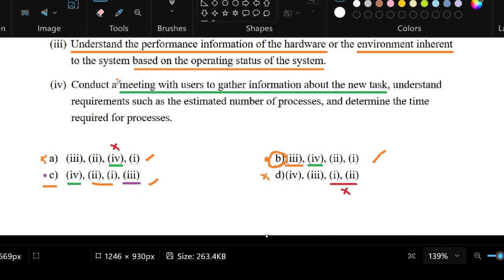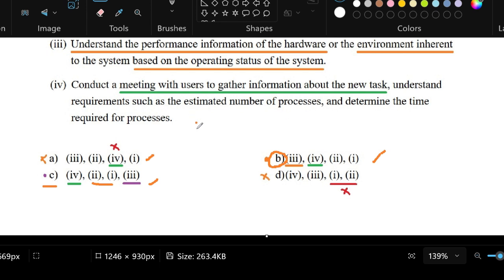If we look at the remaining items, we have here understand the performance information of the hardware or the environment inherent to the system based on the operating status of the system. And for the last item in the list, we have conduct a meeting with users to gather information about the new task.